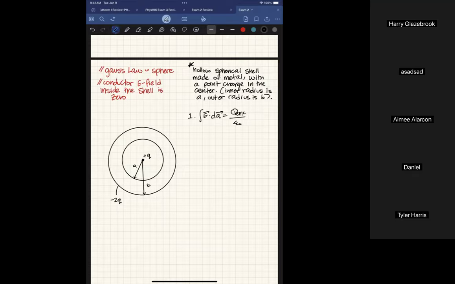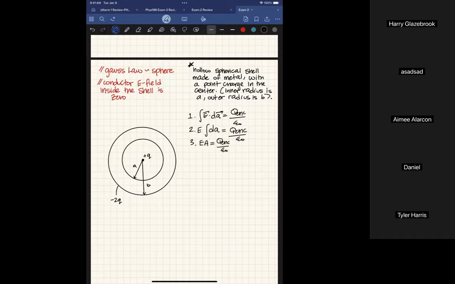Because they're symmetric, the electric field is constant with respect to area. So we simplify this equation. We can pull out E. That becomes the integral of dA. And then this simplifies to simply the electric field times the area, and that equals Q enclosed over epsilon naught.